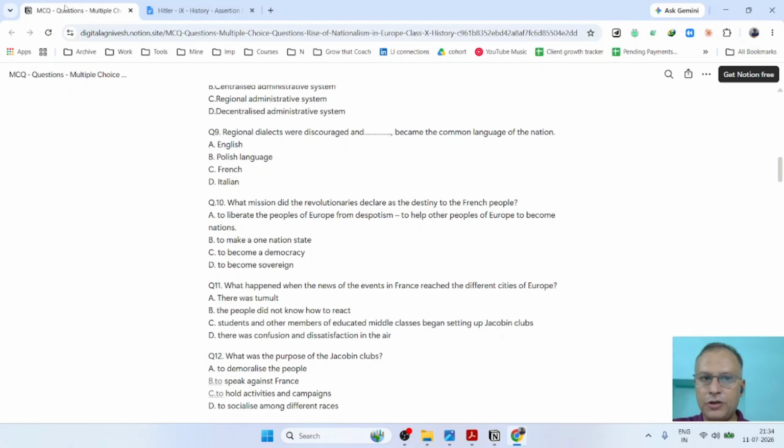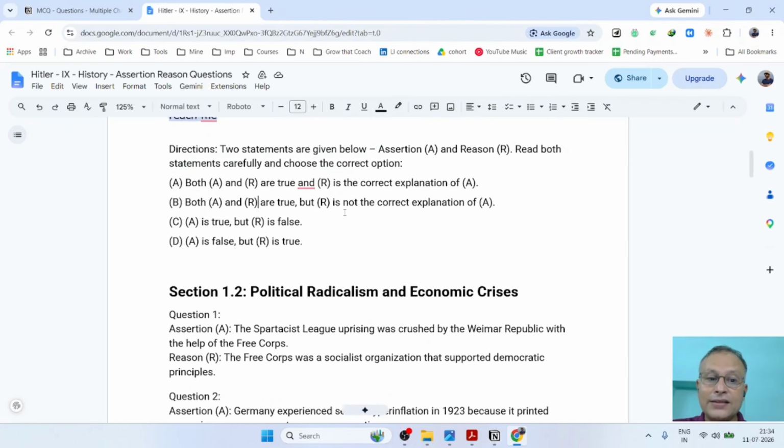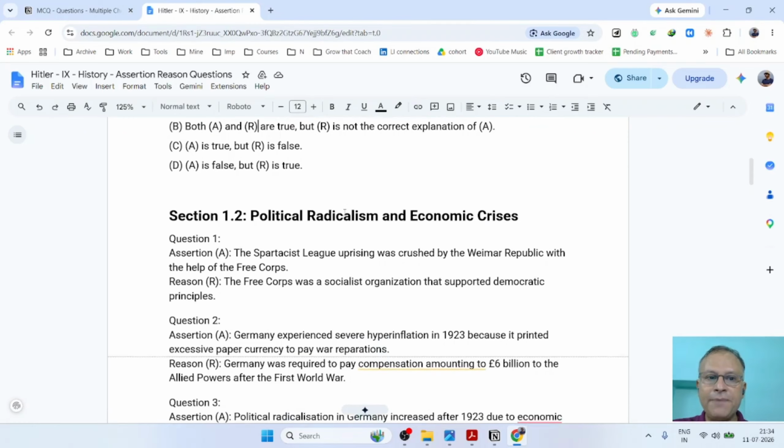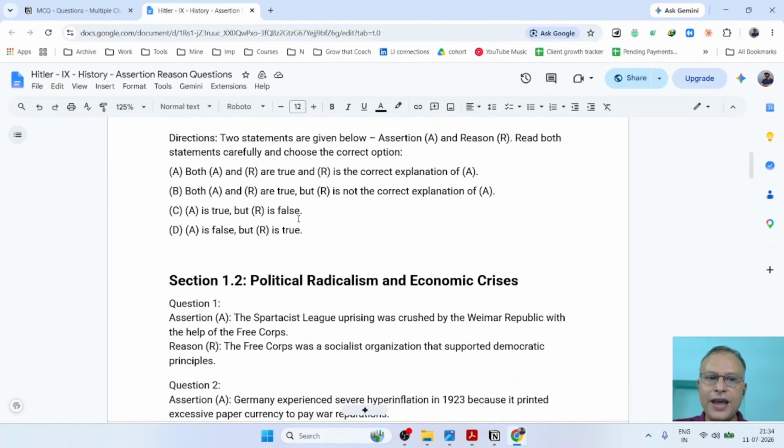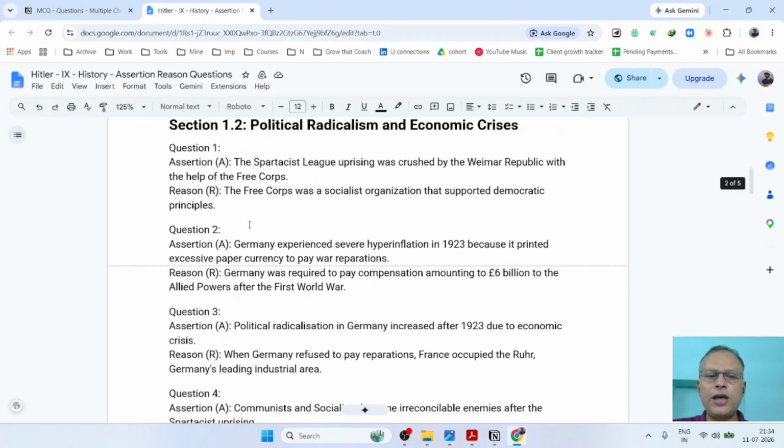Then definitely I will come with MCQs. And I also have assertion reason questions. Here the assertion reason questions will be given like this. First I will give the directions, and then I will provide the questions. MCQs and assertion reason questions. Also, I will provide 2 marks, 3 marks questions from each chapter.